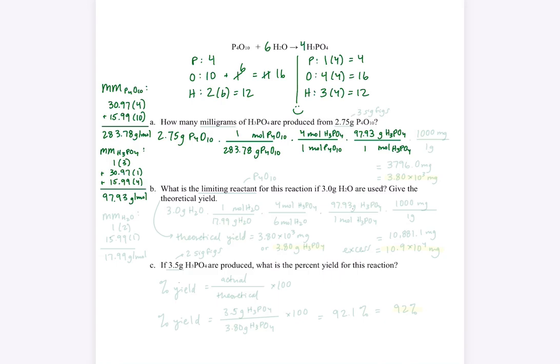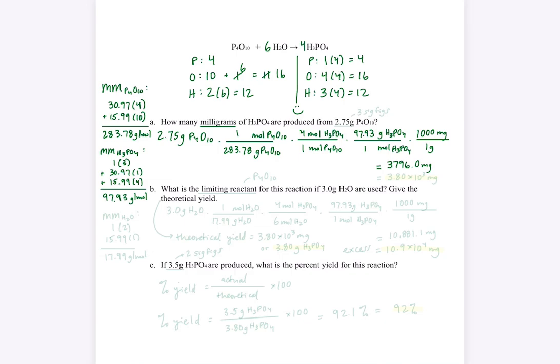But what are we asked for in this problem? We're asked for milligrams. So let's convert from 1 gram to 1,000 milligrams. So now our stoichiometry setup is complete, and we can calculate out to give us 3,796.0 milligrams.